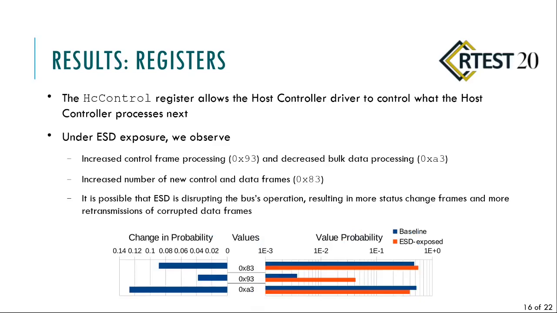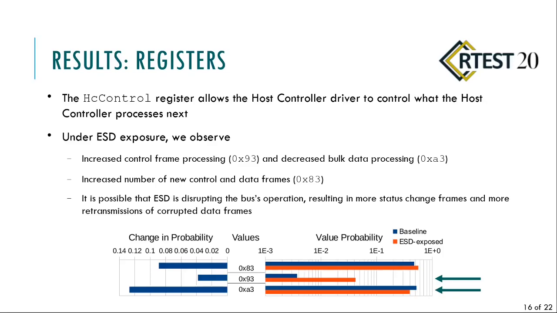The EHC control register also had some interesting results. This allows the host controller driver to decide what the host controller is going to do next, if it wants to send control signals or do some bulk data processing. Under ESD, we observed an increase in control frame processing and a decrease in bulk data processing.